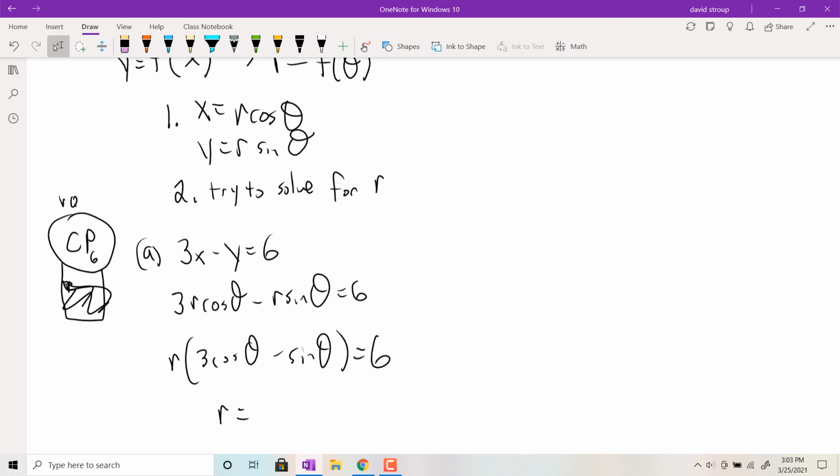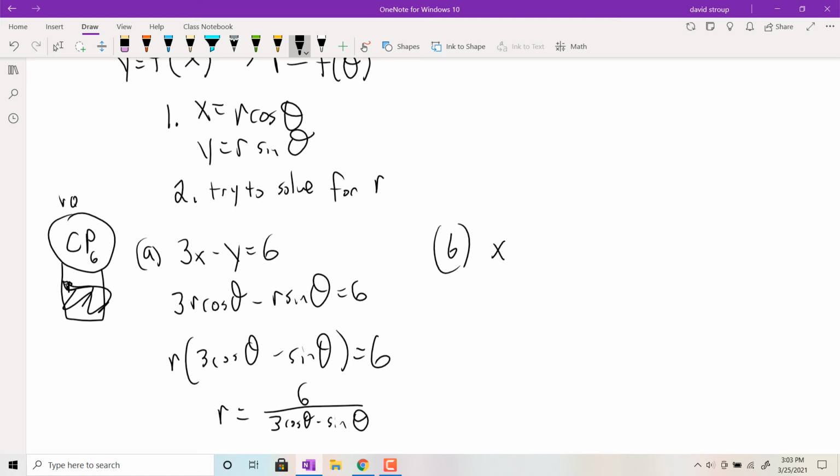And you'll get r equals 6 all over 3 cosine theta minus sine theta, which looks pretty ugly. Okay, so sometimes that'll be the case, and that's one of the reasons why you want to do the polar conversion. It's because in one system, it's an ugly equation, but if you convert it, then in the other system, it'll be an easy equation. Okay, and that'll be true especially with circles.